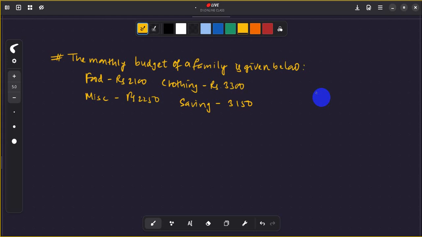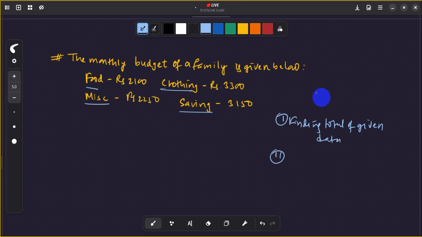So the steps for representing this in a pie chart are as follows. The first step is finding the total of the given data. We have four items: food, clothing, miscellaneous, and saving. We need to find the total value first, meaning we add all these.